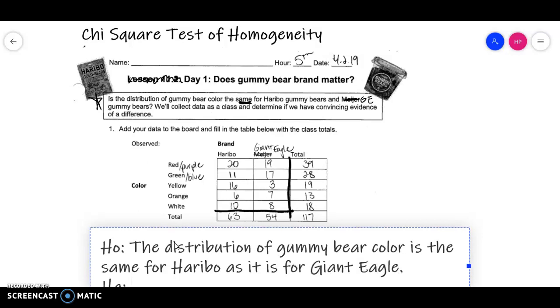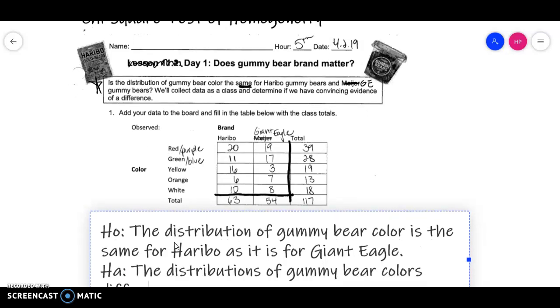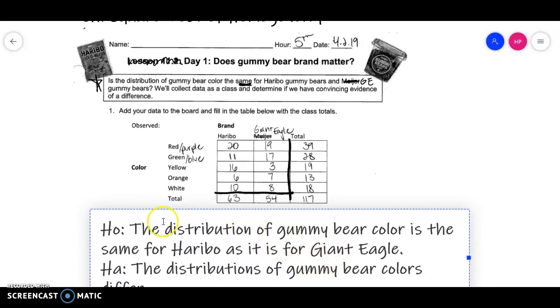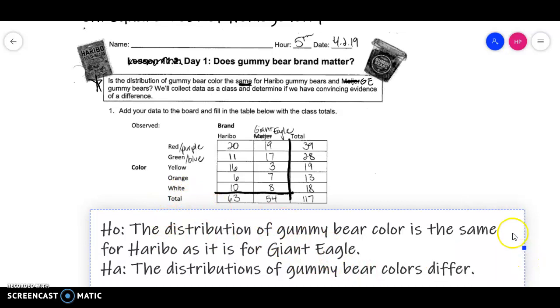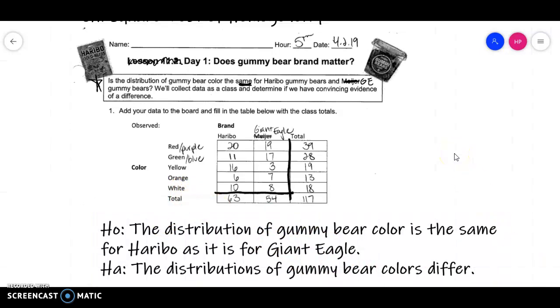And my alternative hypothesis is that the distributions of gummy bear colors differ. And so they're either the same or they're not. And that's what it means to be homogeneous. And so those are my hypotheses.